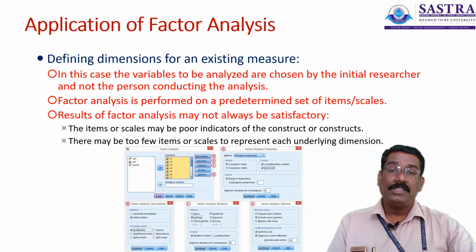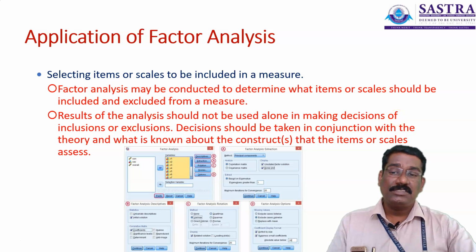And there may be too few items or scales to represent each underlying dimension. If you have thoroughly done the literature review and you have comprehensively and adequately picked up the respective variables on the underlying dimensions, then it will not be a problem.